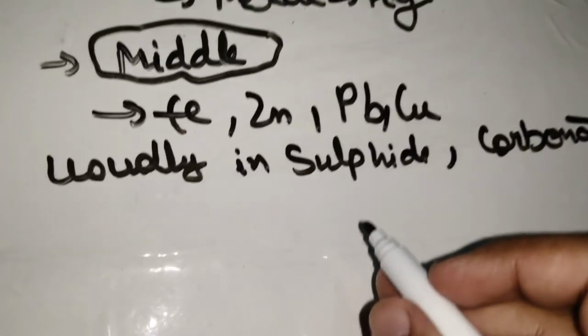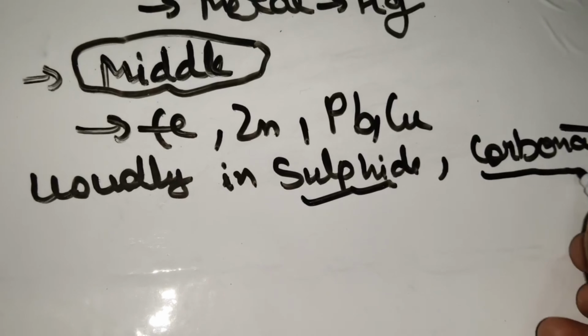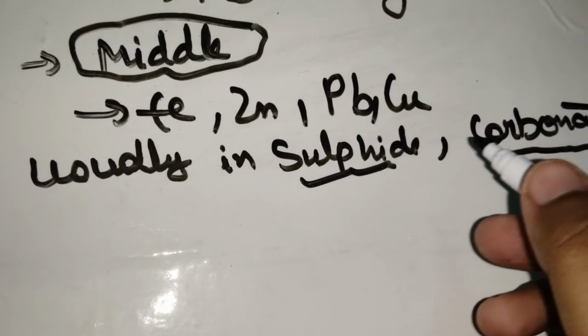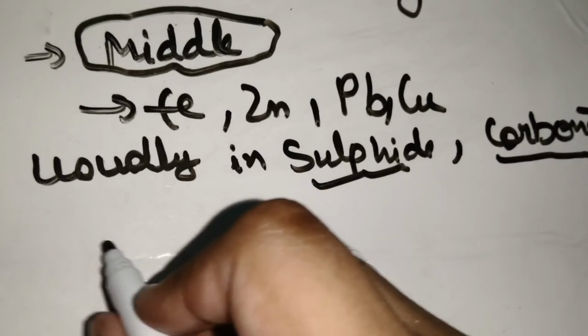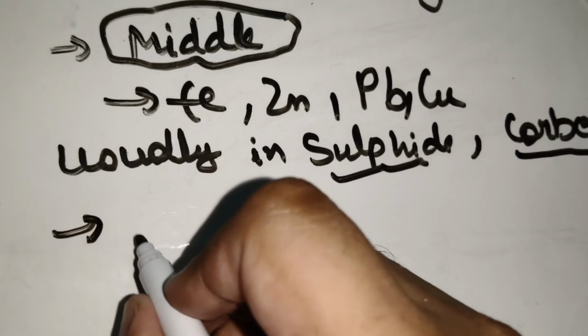And obviously, as we know, from carbonate and sulfide the metal cannot be easily extracted. So first of all we have to convert it into oxides.